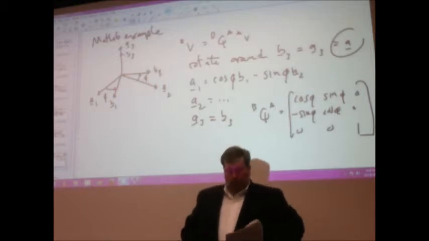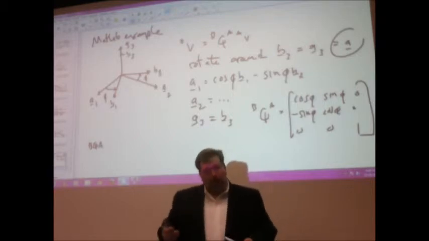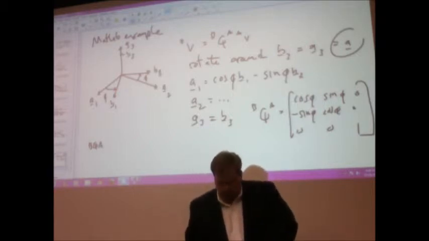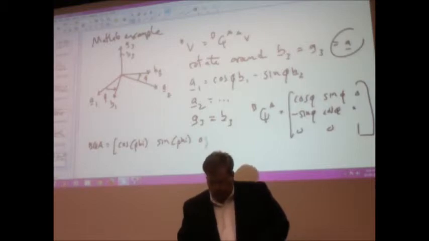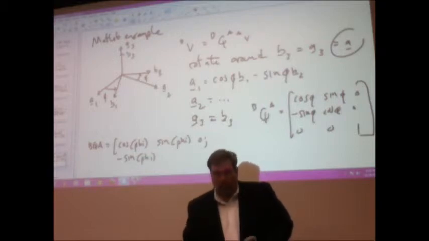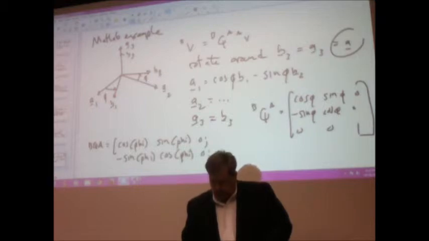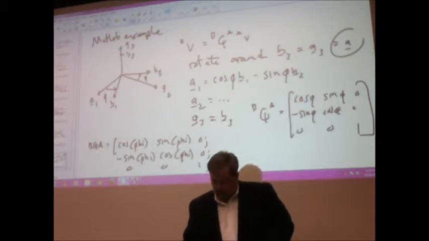And if you want to do this in MATLAB, you could write it like this. Let's define a variable BQA that looks like our notation for rotation from A to B. Let's call that variable cosine of phi, sine of phi, 0, semicolon, minus sine of phi, cosine of phi, 0, semicolon, 0, 0, 1, semicolon, close the brackets, and suppress the output with another semicolon.